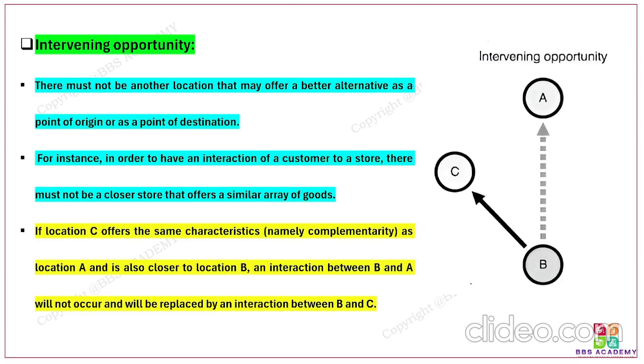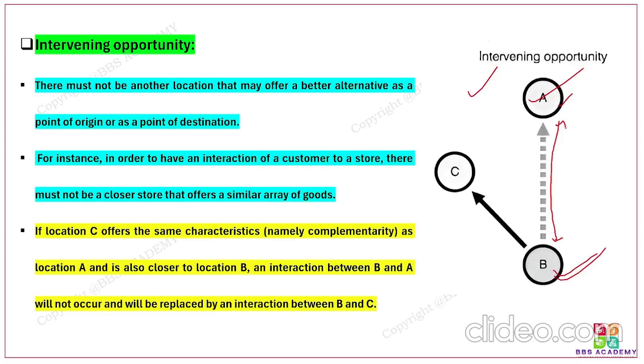Intervening opportunities state that closer opportunities will reduce the attractiveness of, and interaction with, more distant places, even slightly better alternatives. In this graph, there are basically two cities, A and B, in a complementary interaction. A produces some product that is required by B, but this distance is somewhat longer, and the transportation cost is slightly high.